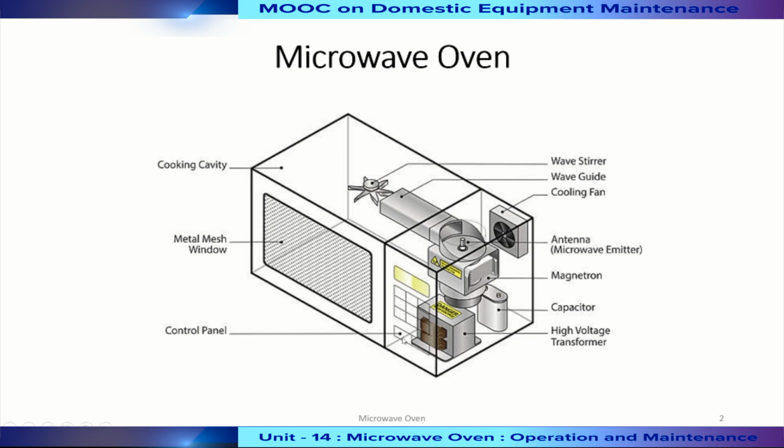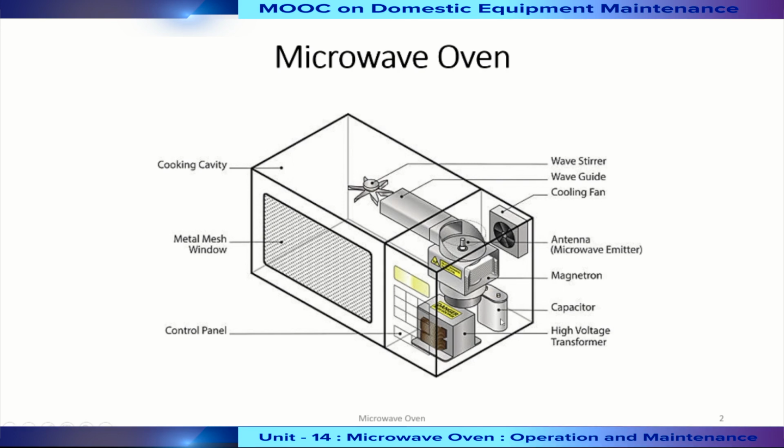The control panel is used to push the buttons and do the settings for microwave cooking. Then there is this high voltage transformer, which is responsible for transferring the power from the input power to the rest of the circuitry, mainly the magnetron.